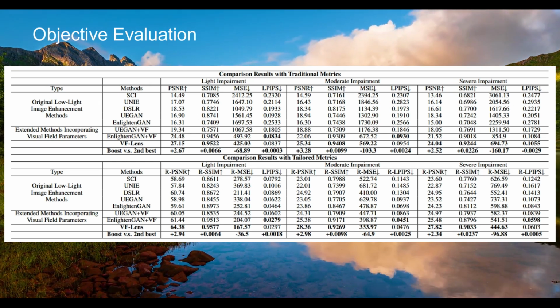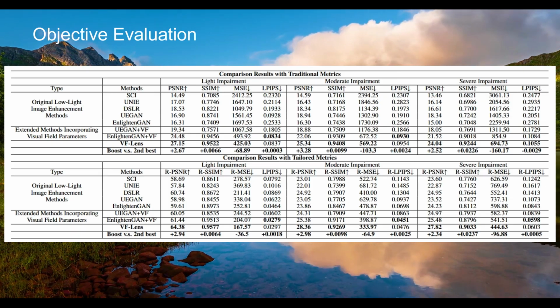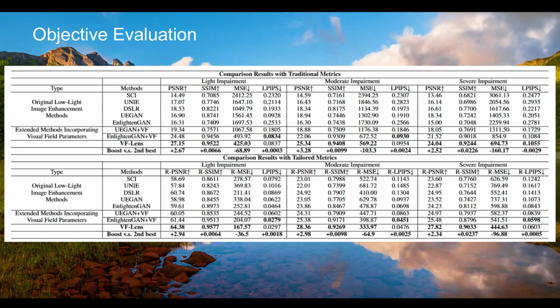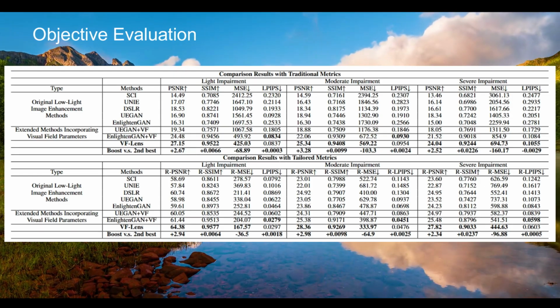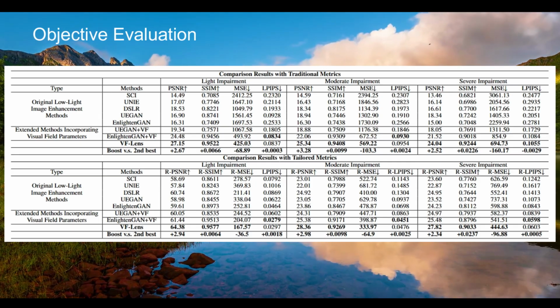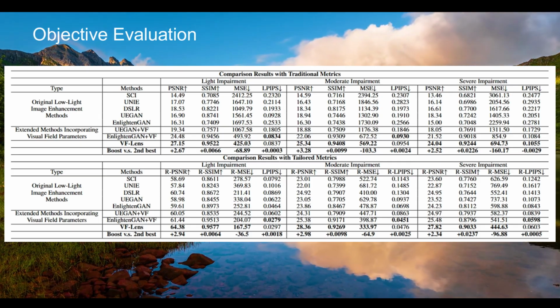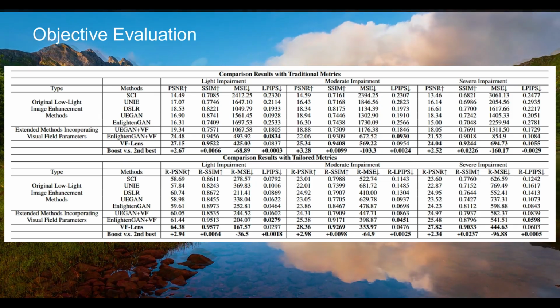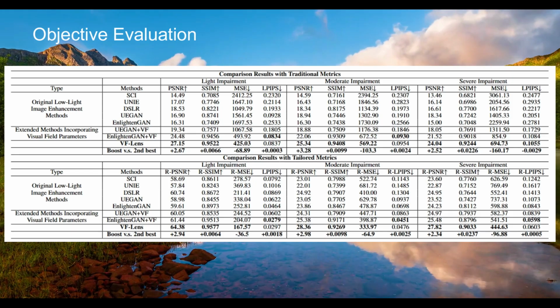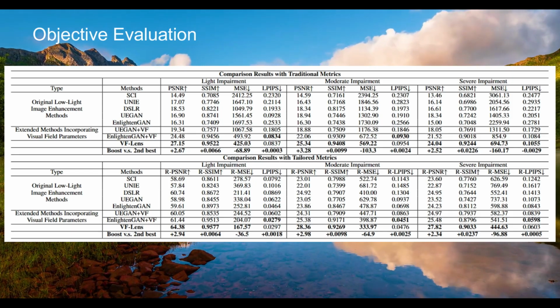As demonstrated in the table, VF lens consistently exhibits significantly superior performance compared to all benchmark methods by a substantial margin. Remarkably, VF lens achieves PSNR gains ranging from 2.34 decibels to 6.54 decibels compared to the benchmark methods across various levels of visual field impairments.